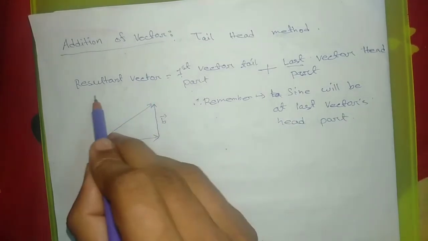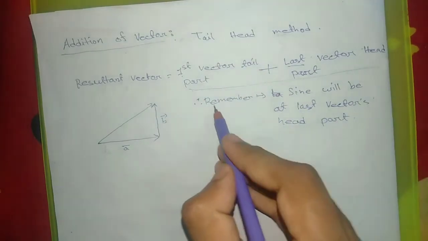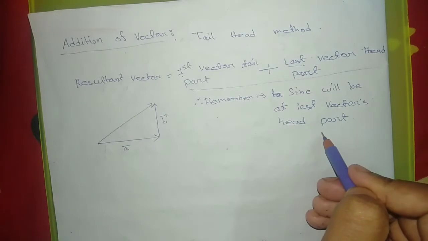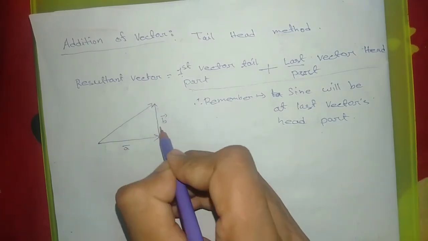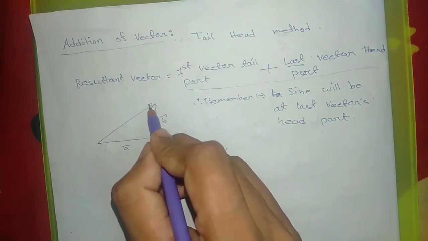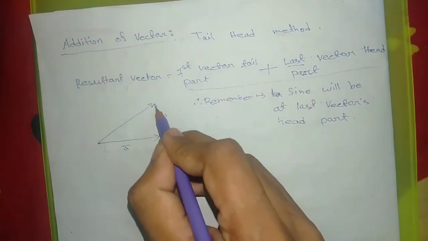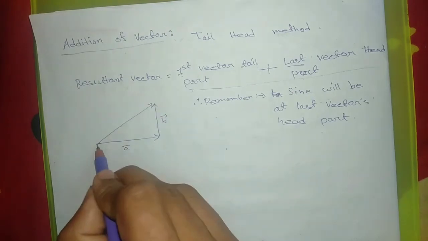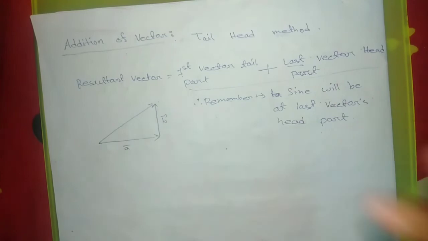Okay, this is the resultant vector and this is the direction part. That means last vector, and the sign will be at the last vector part. Okay, this b vector is last and its head is here, so from here to here, and the direction will be in this way. It is very clear, I think.